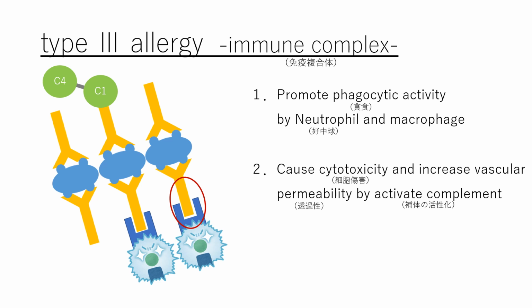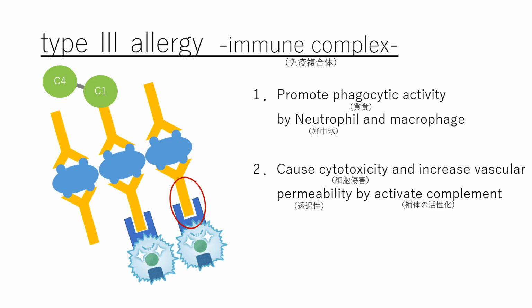This activation of blood proteins allows inflammatory cells such as neutrophils to migrate more easily into the tissues. The Fc part is located outside in an immune complex, so these reactions are likely to occur.